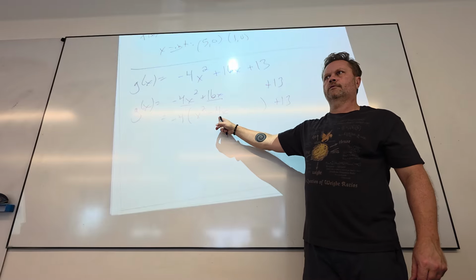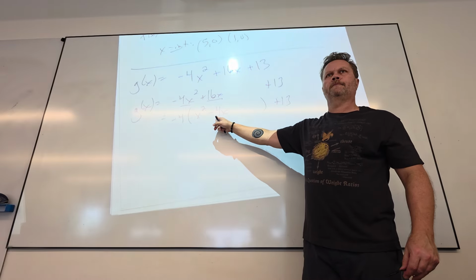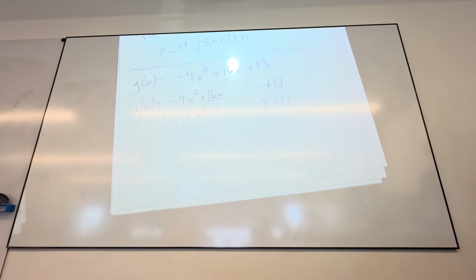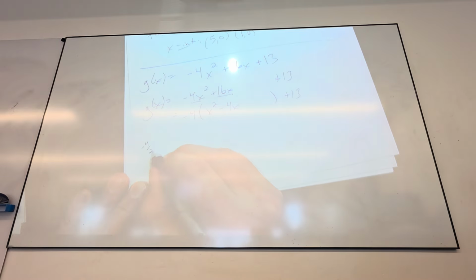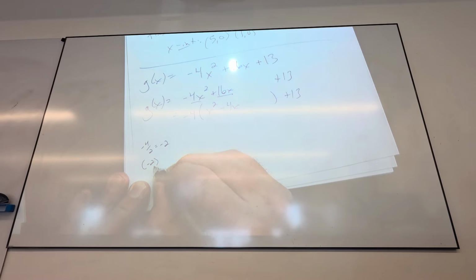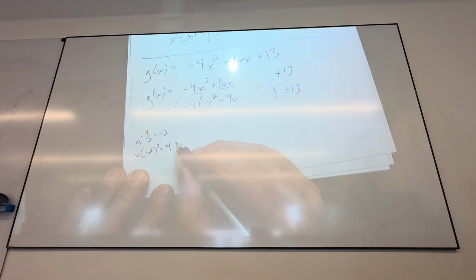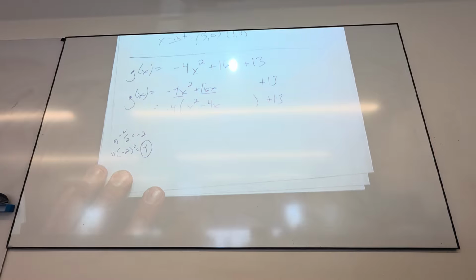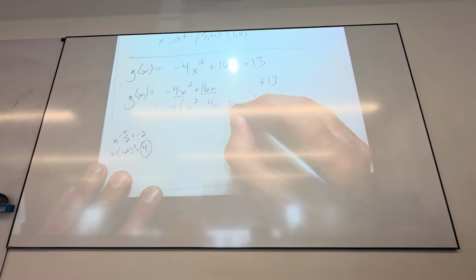You cut this guy in half. What do you get? Negative 2. And then I take that and square it. What do I do with this? Add it? Yes. I'm going to put it right here, yes?